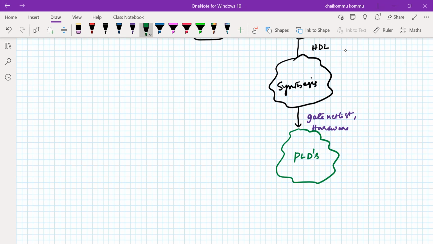So programmable logic devices are used in order to realize your idea. We just have to dump your gate level netlist into this PLD. The real chips are available. You implement that gate level netlist into that particular chip, and the chip will act according to your functionality.